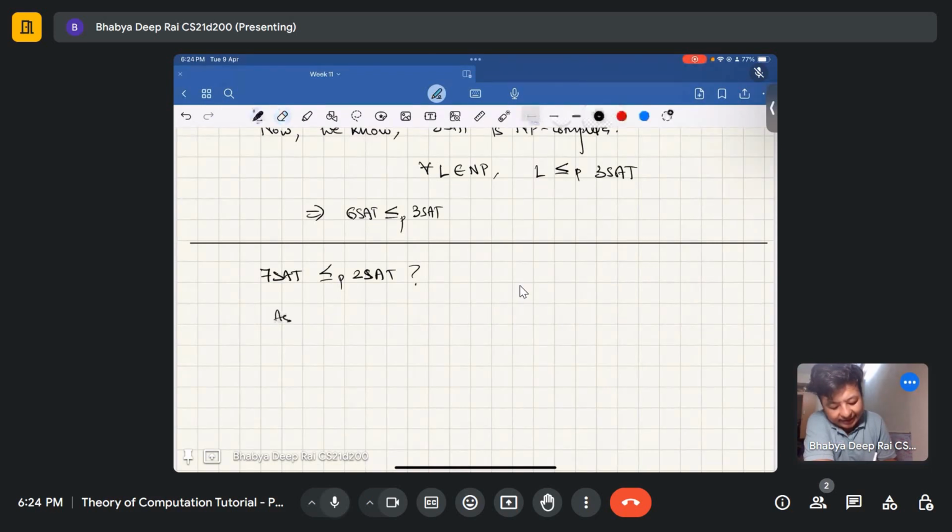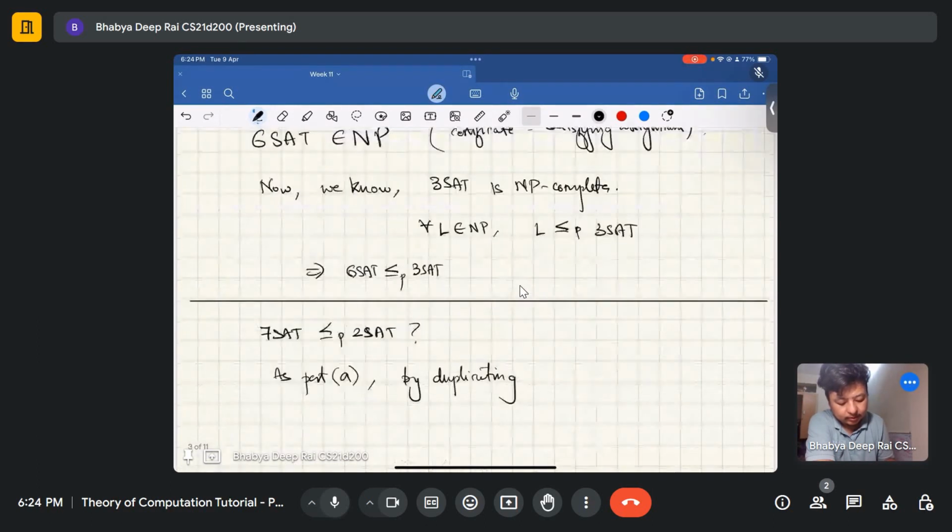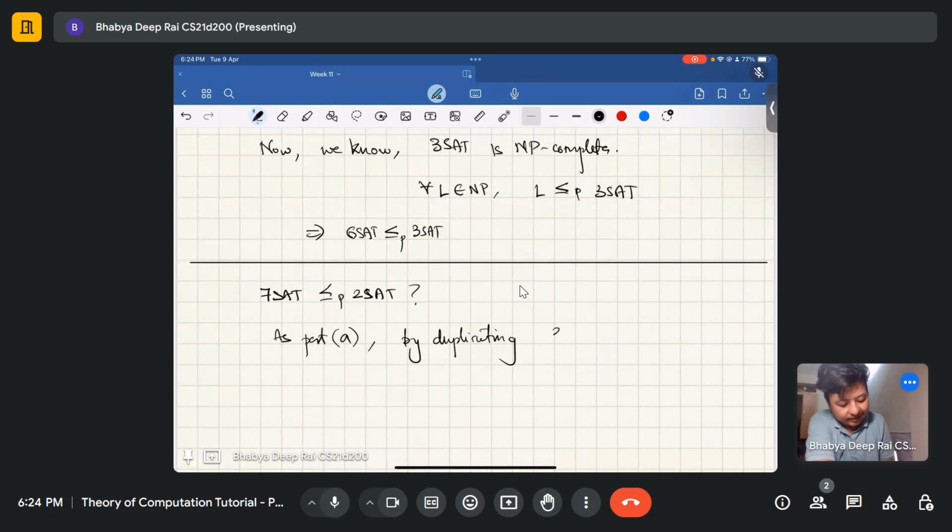Now, as part A, I can use the duplicating. By duplicating, 3 sat reduces to 7 sat.